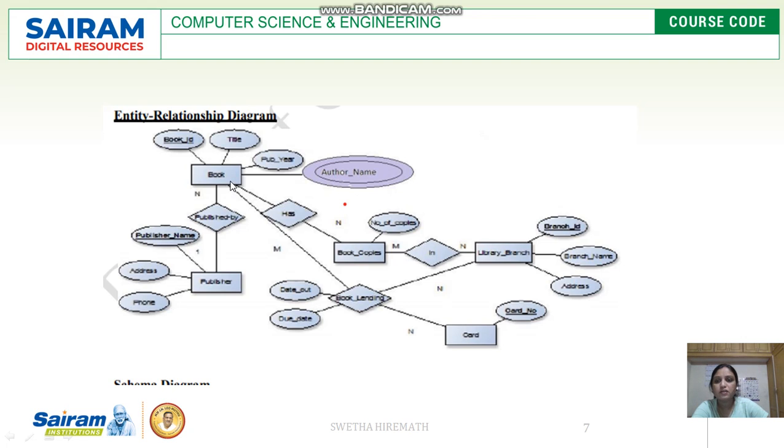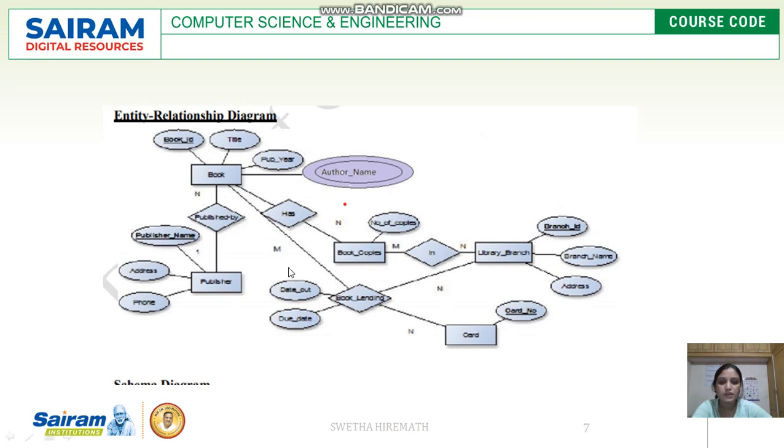In this ER diagram, we will have all the tables which are in our database, along with the attributes of that particular table and how they are connected with the other tables. So everything has to be included in this entity relationship diagram.